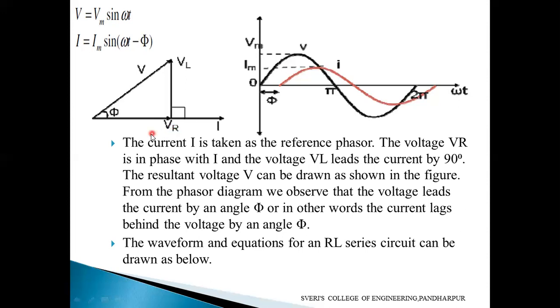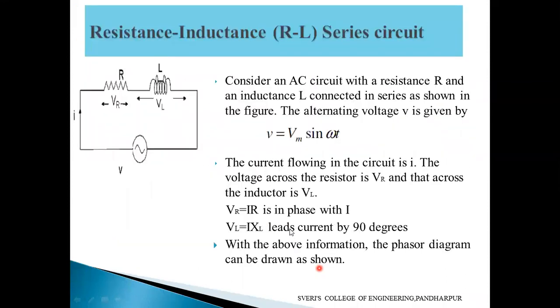Then VR equal to V cos phi. What I am telling you, remember carefully. From this diagram, we can tell that the average power P equal to VR into I, because the average power of the inductance will become 0.